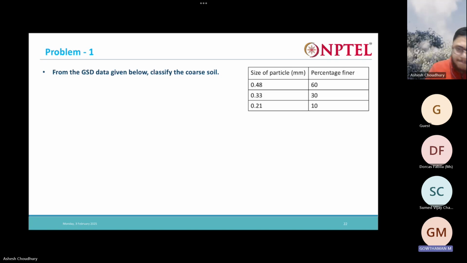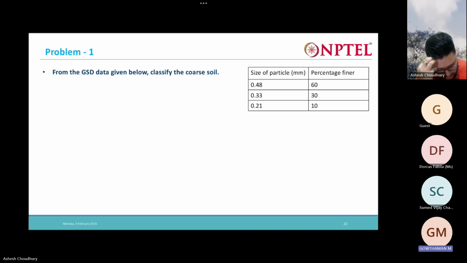It is, I think, SP. SP means poorly graded sand. Okay, others? D60 is 0.48, D10 is 0.21, and the Cu is 2.28.